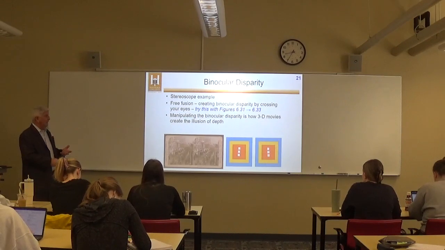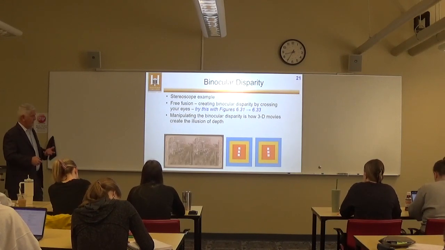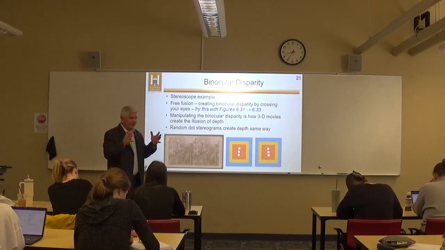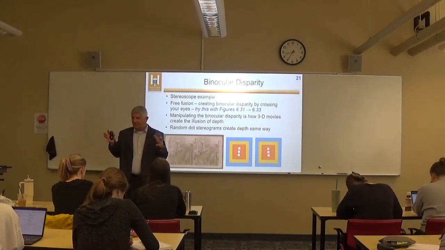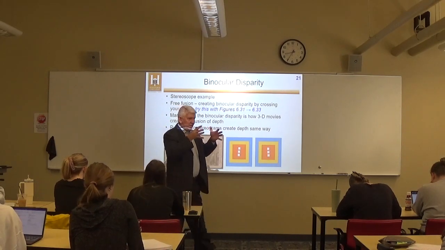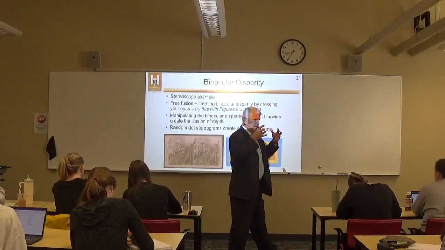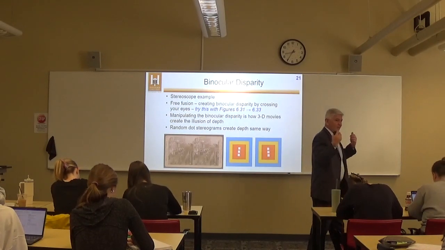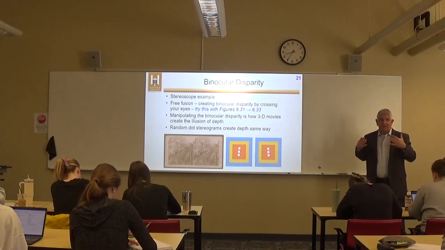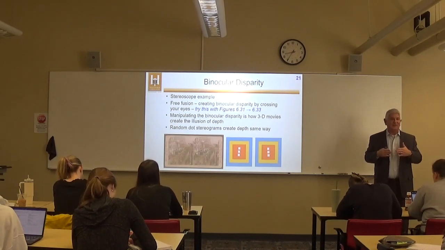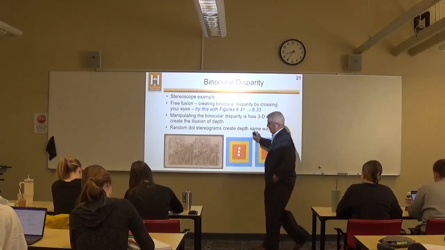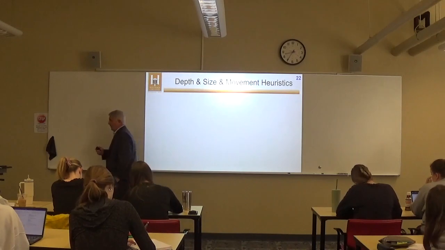It's hard to do on the screen. But the Magic Eye random dot stereogram: have you ever seen the Magic Eye books where it looks like a random picture, but if you stare at it, you can generate a three-dimensional image that's hidden in it? There are some of these in your book as well, right? All of that is utilizing binocular disparity to generate three-dimensional images. These are called random dot stereograms. All right.